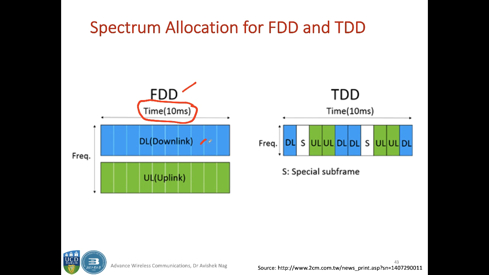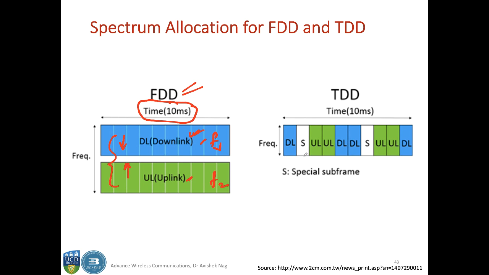This blue indicates one frequency, the green indicates another frequency. Let's say at frequency F1 you are using the entire frame for downlink information, and at frequency F2 you are using the entire frame for uplink information. So this is frequency division duplex, where both directions happen as a part of this duplex, but on different frequencies.